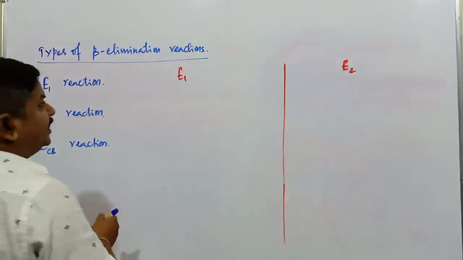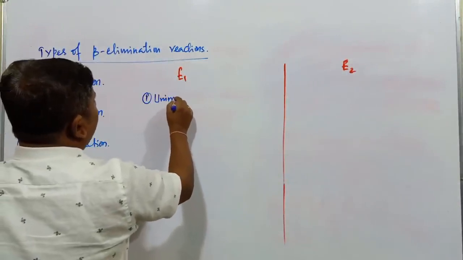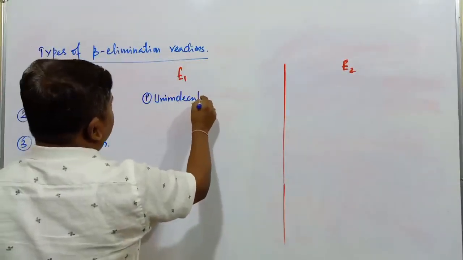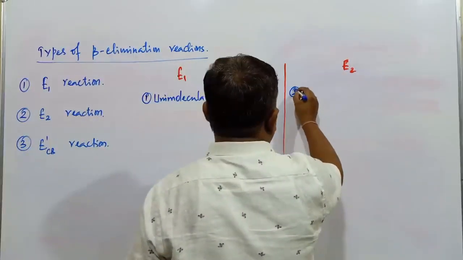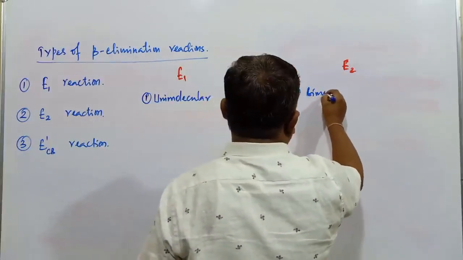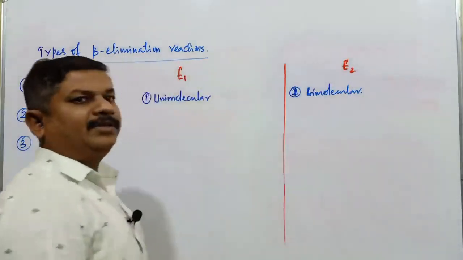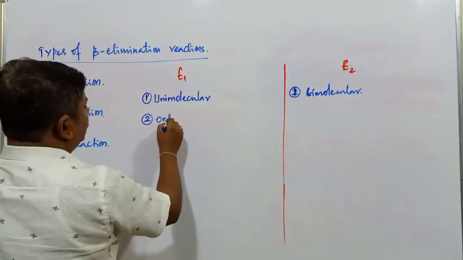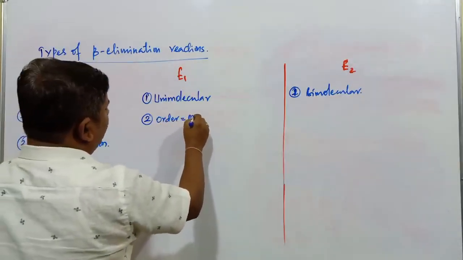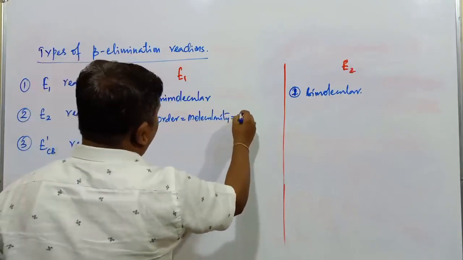First point: it is unimolecular elimination reaction. Already I mentioned. This one is number 1, bimolecular elimination reaction. Next one, order is equal to molecularity, that is equal to 1.